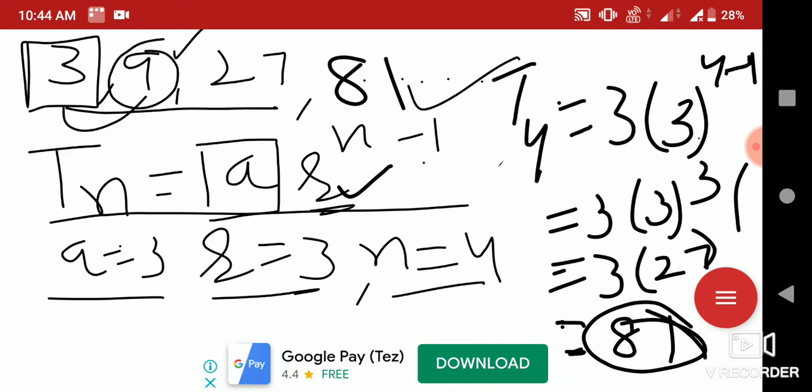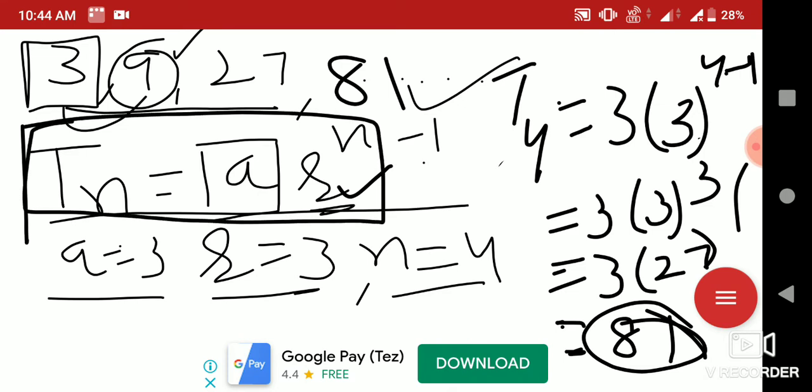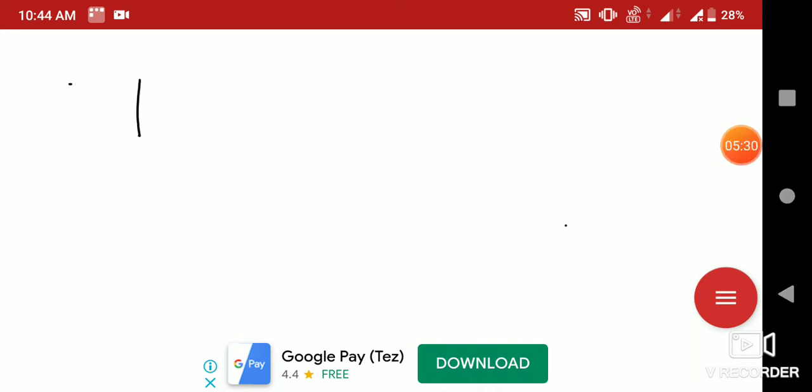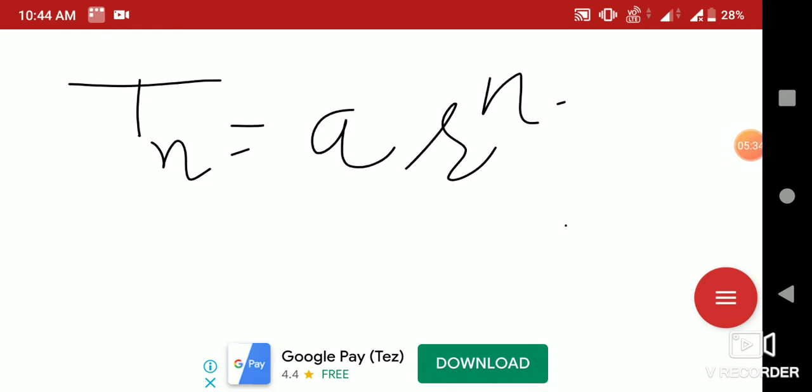So in this way we can use this formula to find the nth term, right? What is the formula? I am again explaining. Tn is equal to a r raised to power n minus 1.